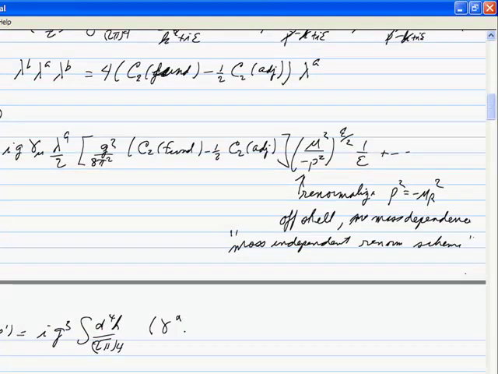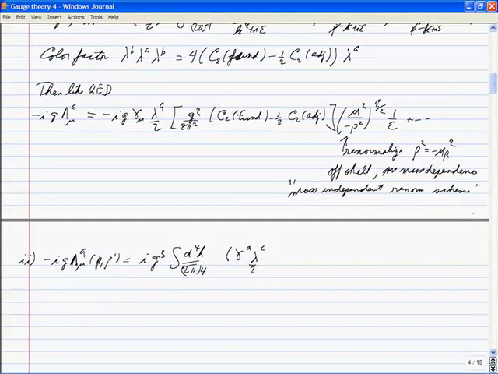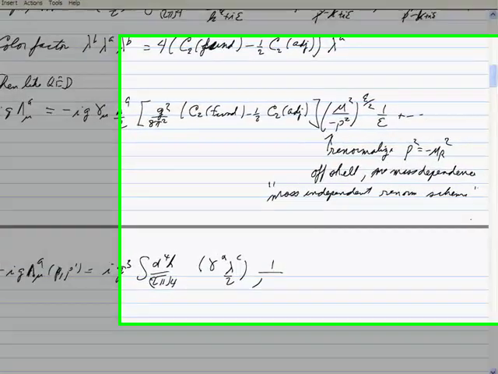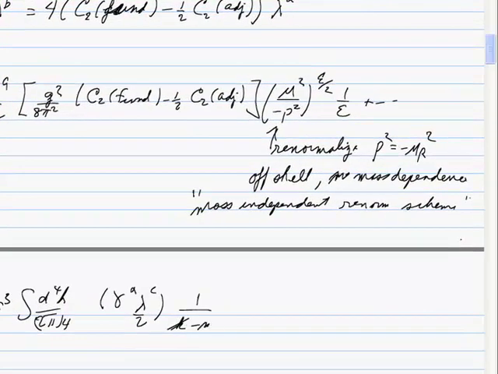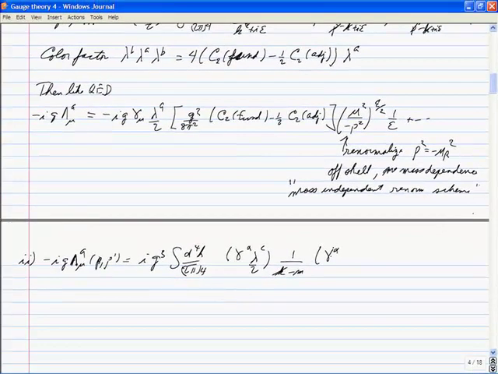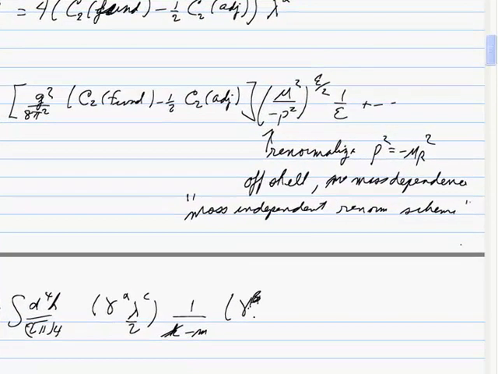So there's lambda c over 2 at the fermion line. There's one fermion propagator, k slash minus m. The other fermion line is gamma alpha. Actually, one of these is beta. Let's make that one beta. Lambda b over 2.